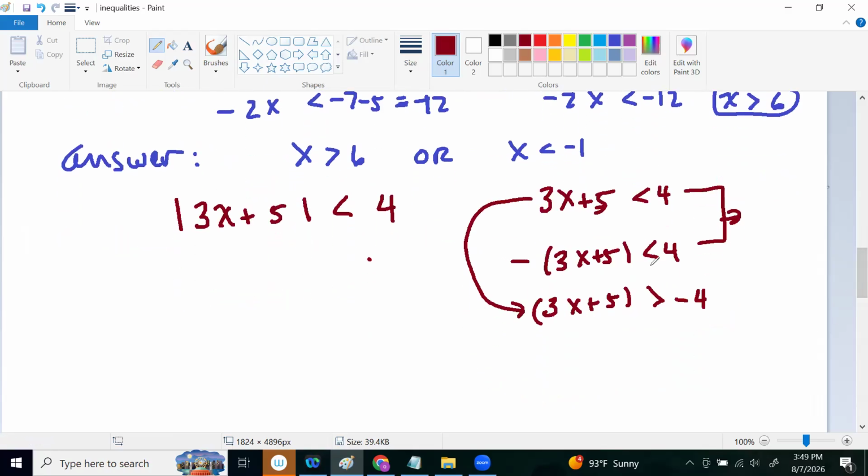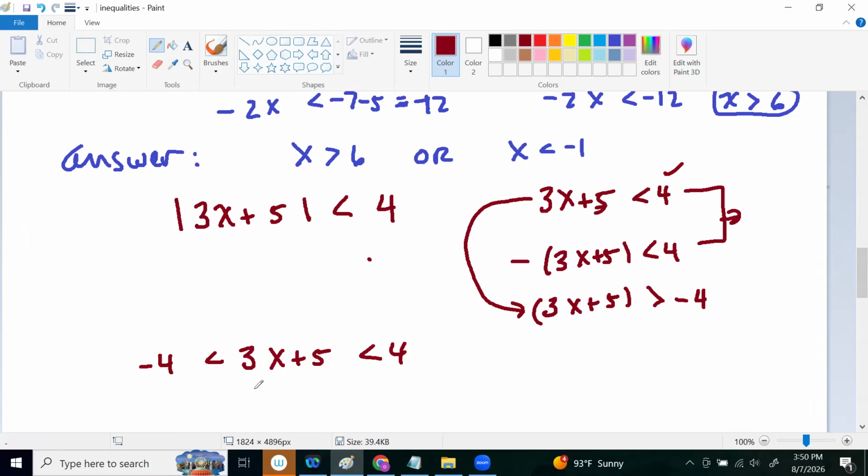But notice 4 is greater than this, which is greater than negative 4. So when you have an inequality like this, where you have something less than a positive number, we get 3x plus 5 less than 4, as we have here, and greater than negative 4. And we can write this as one inequality because these can happen at the same time.